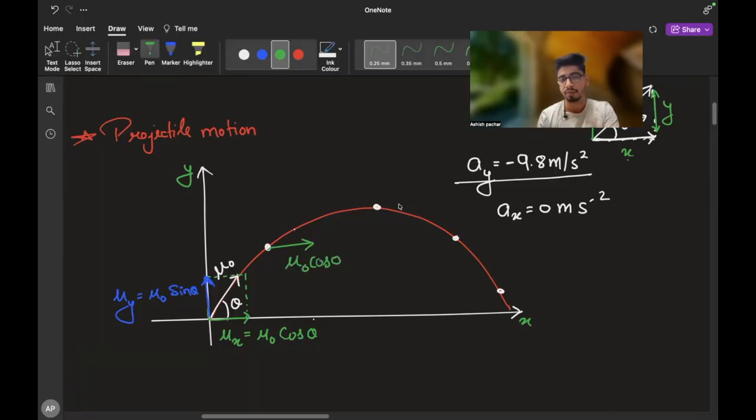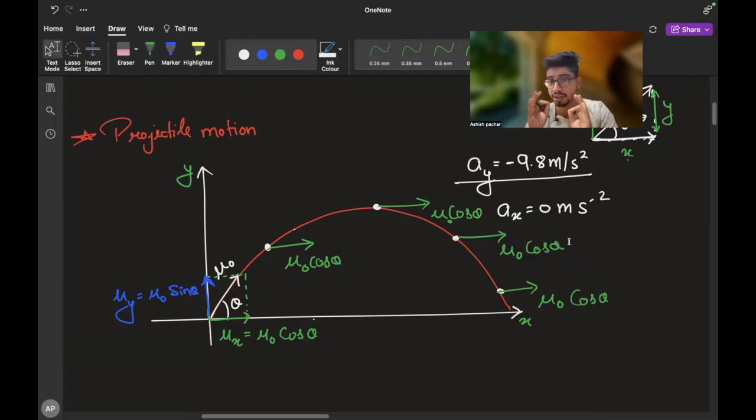Again, I'm repeating why it is not changing. At the peak value also, it remains the same, it is not going to change. Hopefully you have understood till now. The horizontal velocity component is not going to change, only the vertical velocity component.